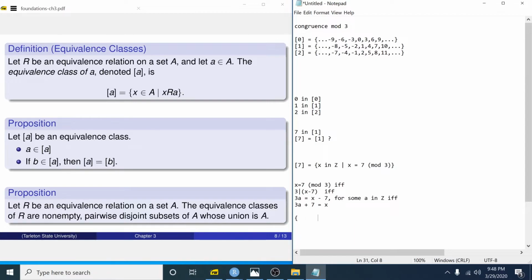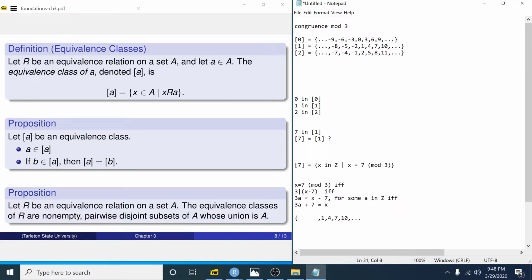One possibility is that a is 0. So if a is 0, 3 times 0 plus 7 will give me 7. What if a is 1? I get 3 times 1 plus 7, I get 10. And then that will continue. What if a is negative 1? I get negative 3 plus 7, which is 4. What if a is negative 2? I get negative 6 plus 7, which is 1.